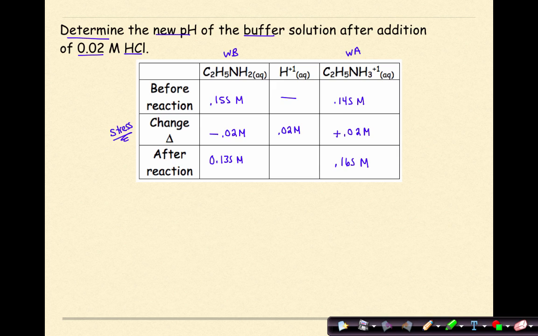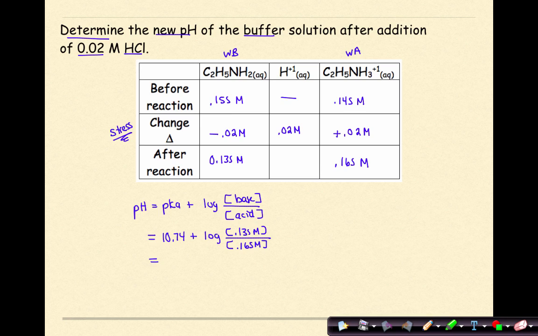Let's see how this affects our pH. pH is equal to the pKa plus log of the concentration of my weak base over the concentration of my weak acid. So I'm going to plug my numbers in. My original pKa, which is 10.74, plus the log of my weak base, which is now 0.135 molar, divided by the concentration of my weak acid, which is now increased to 1.65 molar.